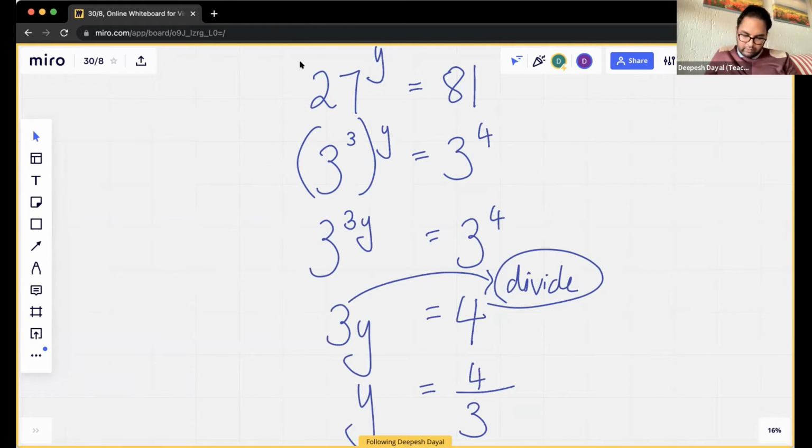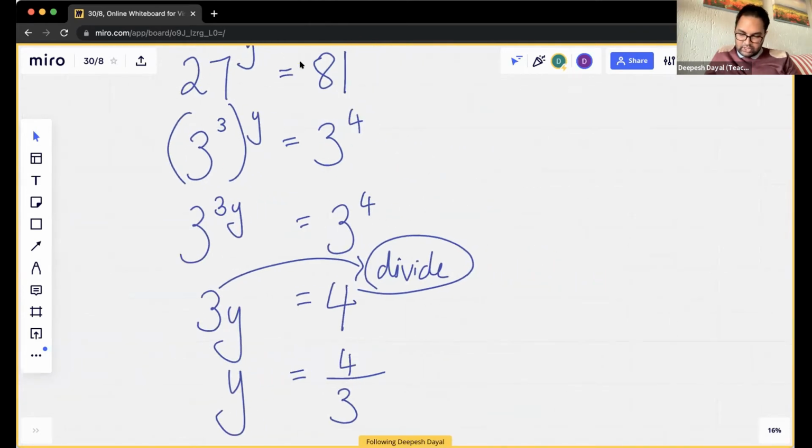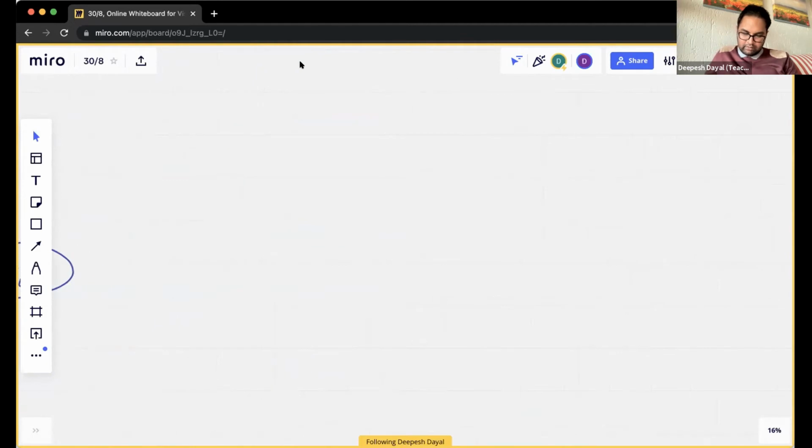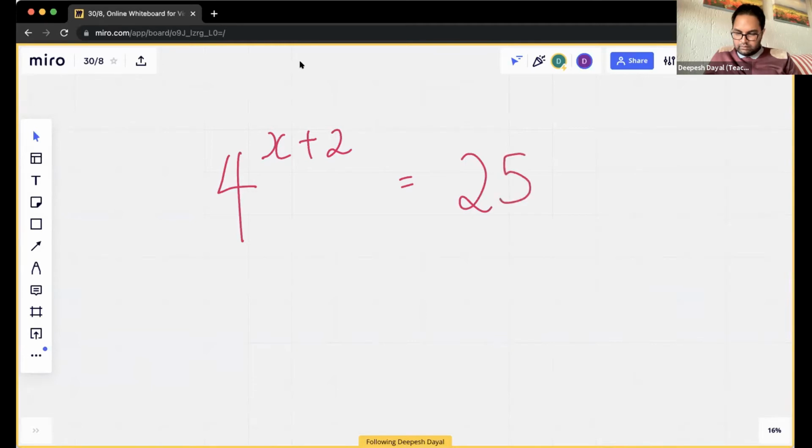Right now, I'm going to give you one, and I'd like you to try it out and then give me the answer in the chat. I think just the chat would be good because I want everybody to try it and see what happens. So I've got here 4 to the power x plus 2 equals 256.